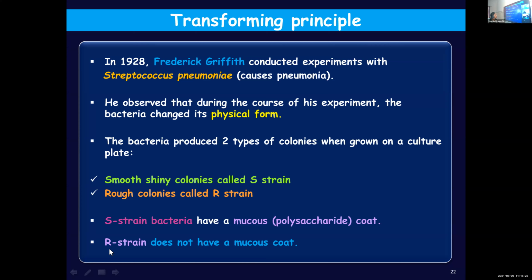The smooth, shiny colonies he called S strain, and those which form rough colonies, R strain. The difference is that in S strain, there was a mucilaginous coat made of a polysaccharide. Because of this coating, they were smooth in appearance, whereas this mucus coat was absent in R strain.